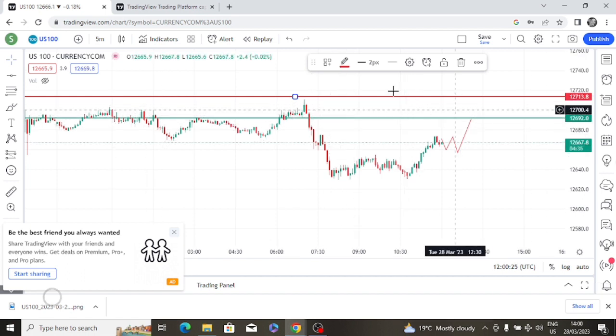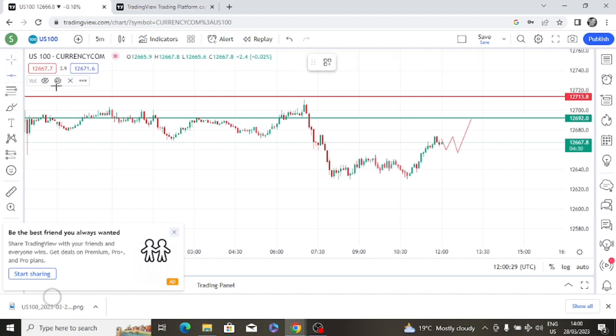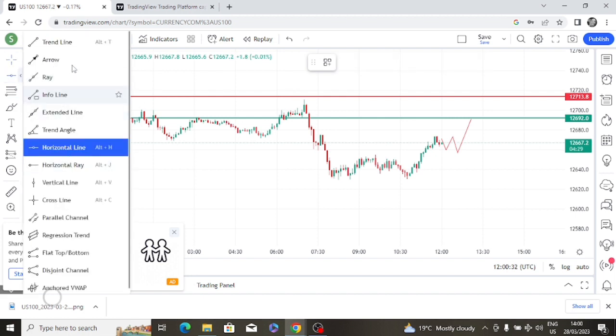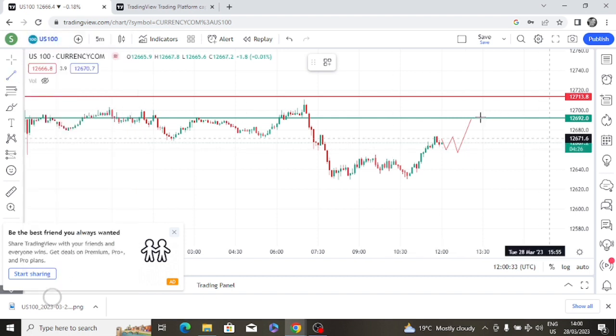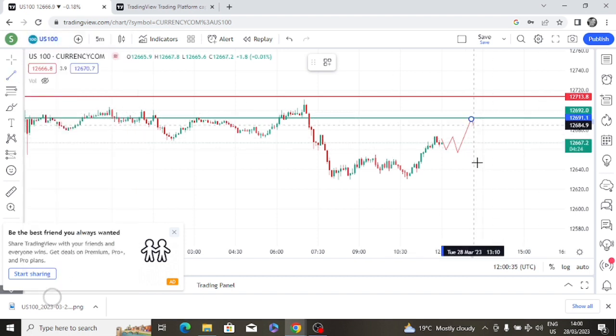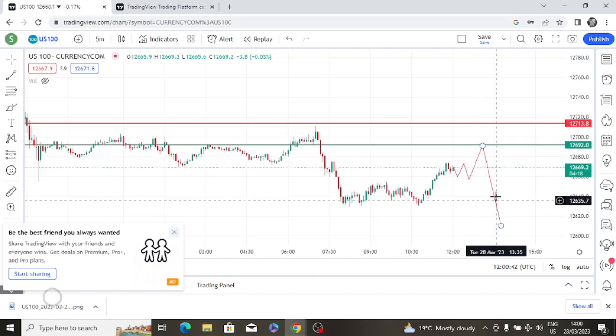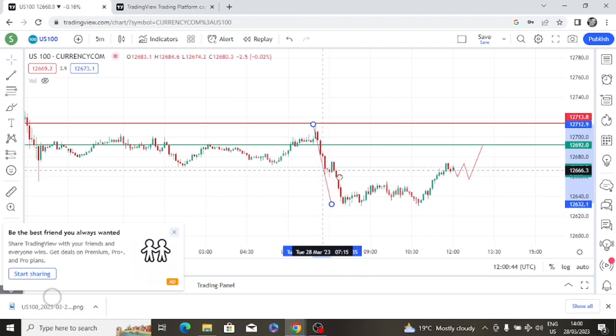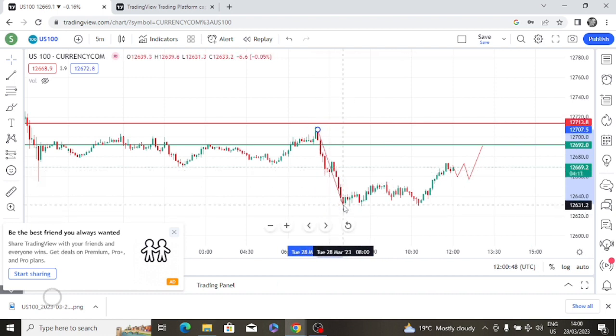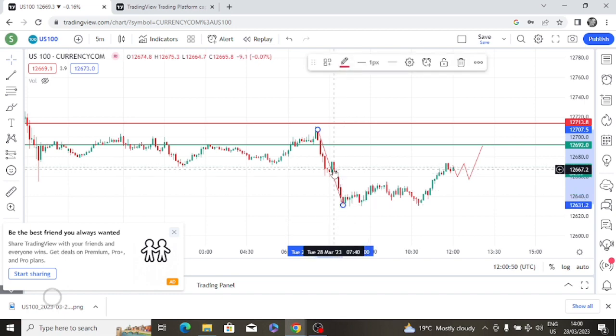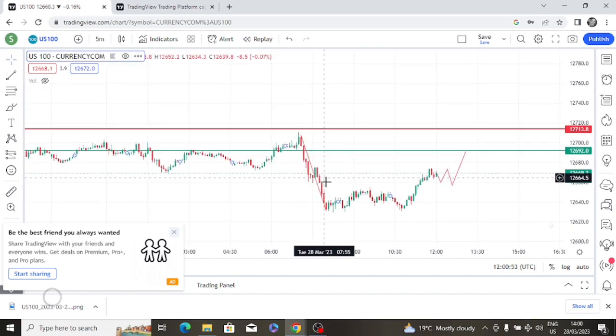And our risk reward will be somewhere here. I think it's the same length as this. Let's make that nice and tight. Like I said, I'm a bit conservative.